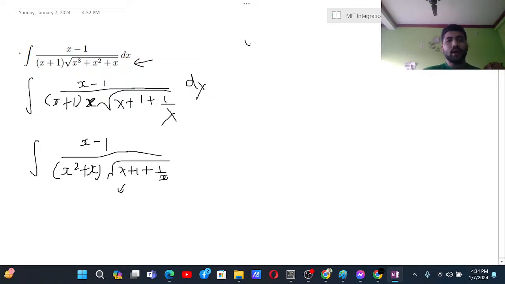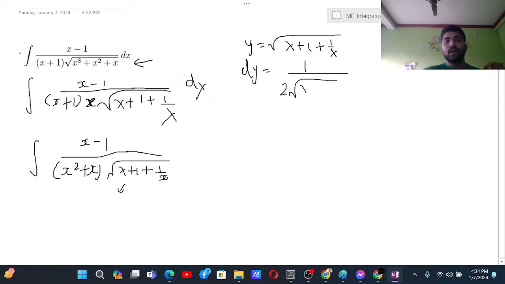So if we let y as root under x plus 1 by x, we will have dy equals 1 by 2 root x plus 1 by x, and then that will be 1 and this 0, and then minus 1 by x square.